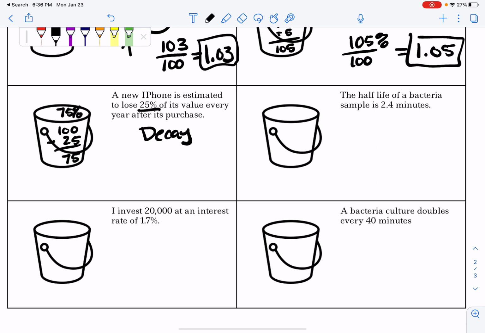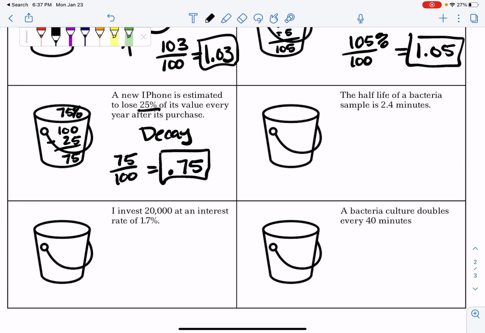Again, we need to turn this percentage into a decimal that we can actually use as a multiplier. So we take 75 and divide by 100. That gives us 0.75 as our multiplier. Notice this is a value less than 1, which matches what we expected, decay. Another way to think about this is to ask yourself, what do you get to keep? If you lose 25%, you get to keep 75%.